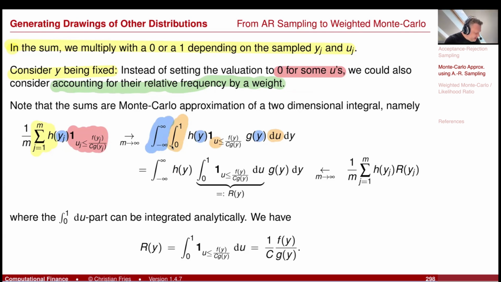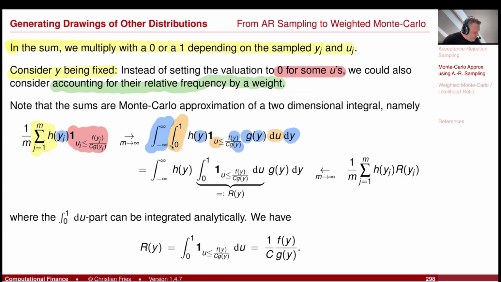The density g decides about the domain, g(y) dy. The nice thing is that the integral over the u part can be calculated analytically. So from the two-dimensional integral, I can make a one-dimensional integral. I can integrate the u part, and this means that we can calculate this weight depending on the fixed y.